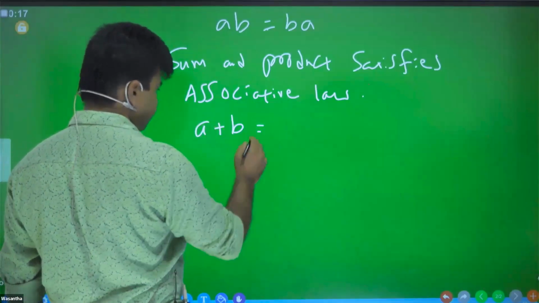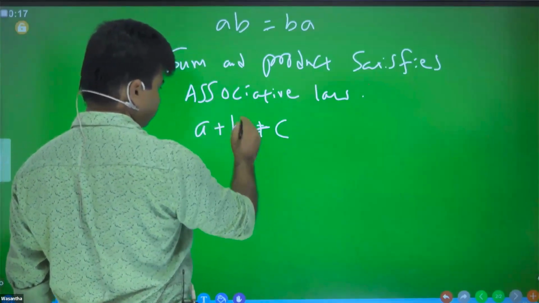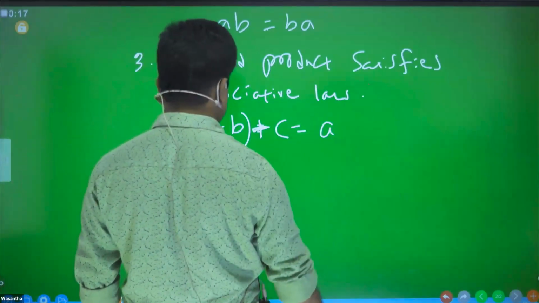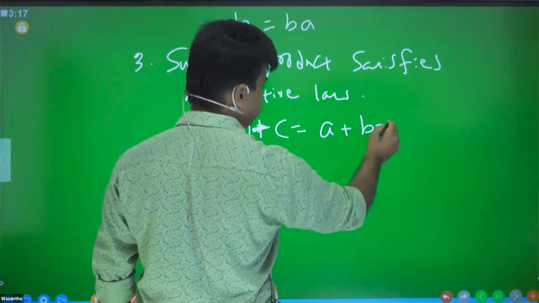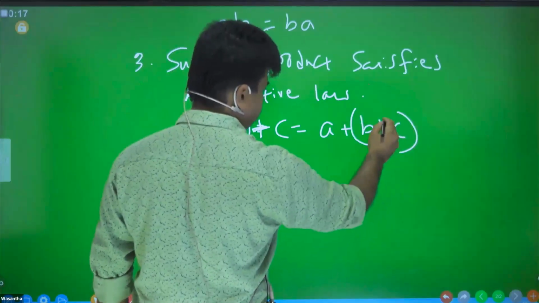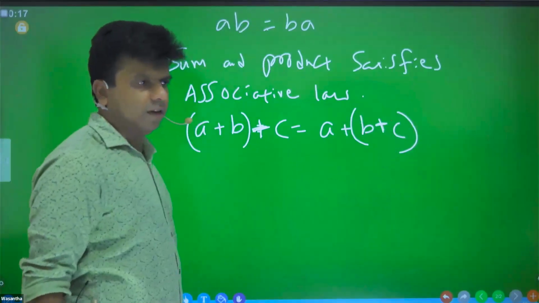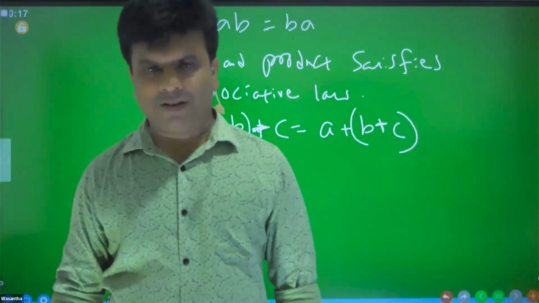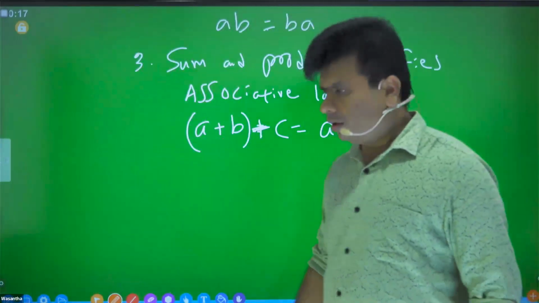What does it mean? A plus B plus C is equal to A plus B plus C, right? See, associativity, right? Associative. In Sinhala called Sahayogita. They are associative, right?